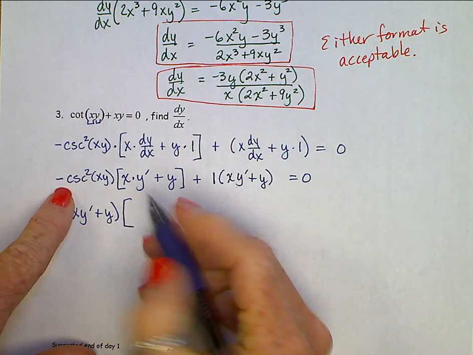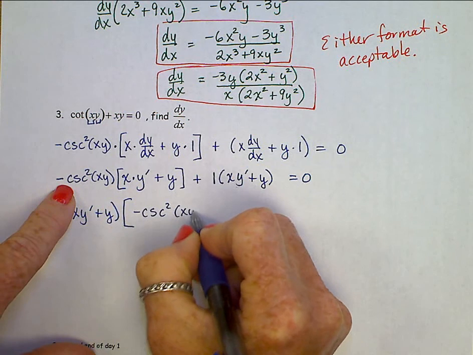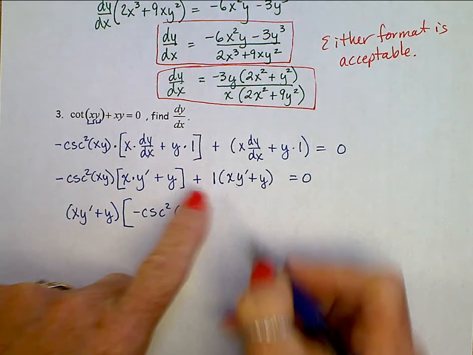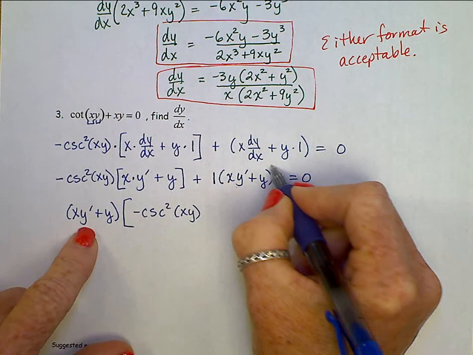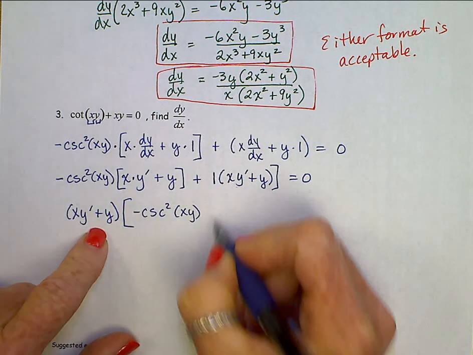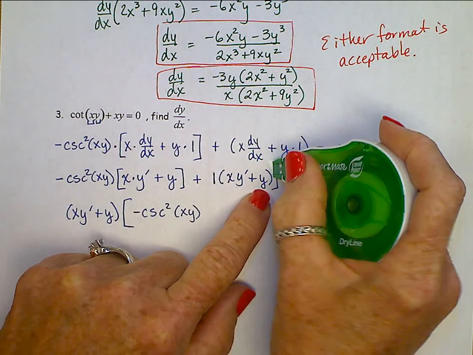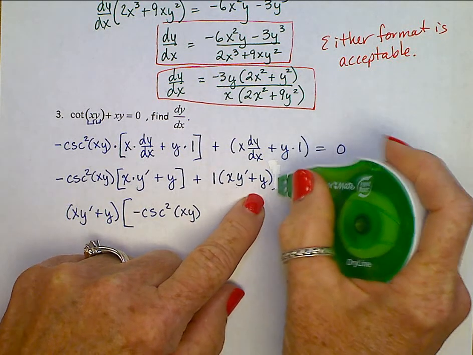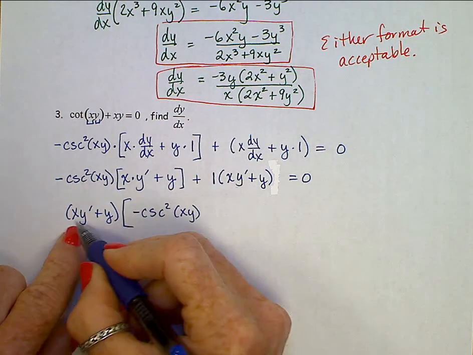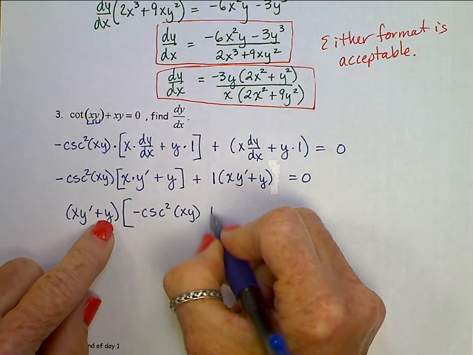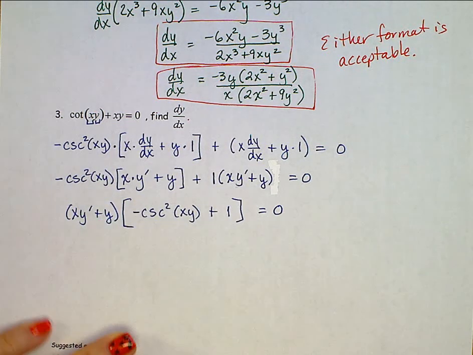We have negative cosecant squared of xy. And from this second part, pulling out this x y prime plus y, that's going to leave us with plus a 1, all equal to 0.